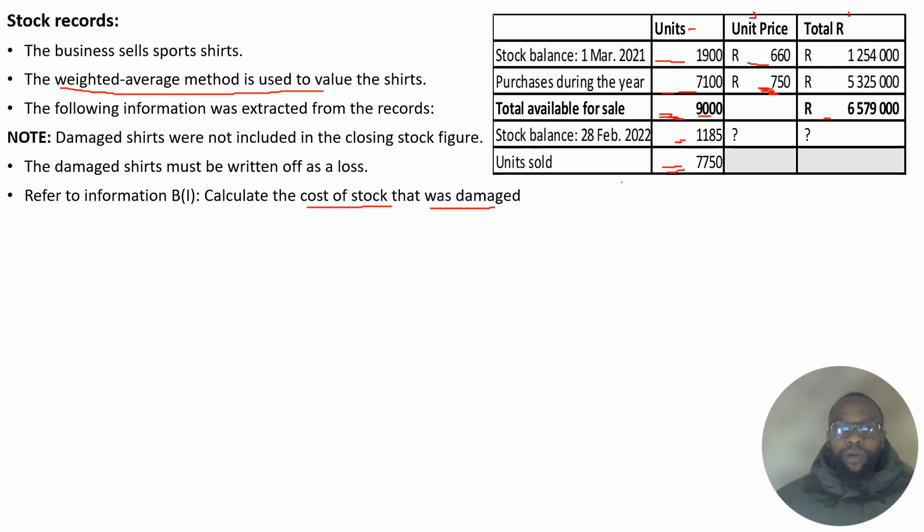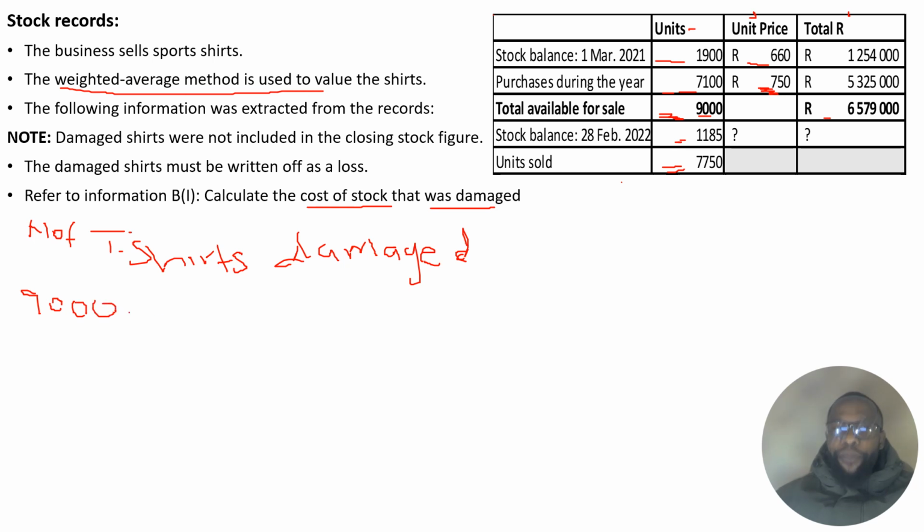So let's calculate the number of t-shirts damaged. I'm sorry, but the weather outside is not yet good. There's a lot of wind. We have 9,000 units, and we managed to sell 7,750 t-shirts.